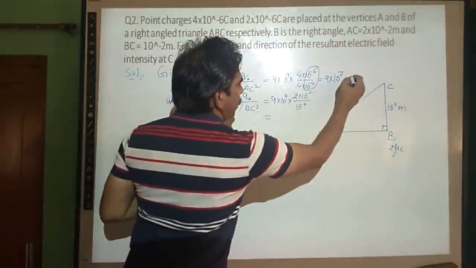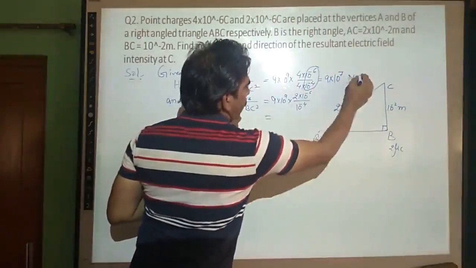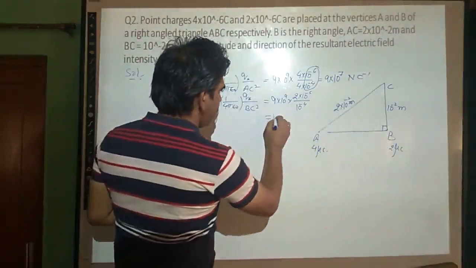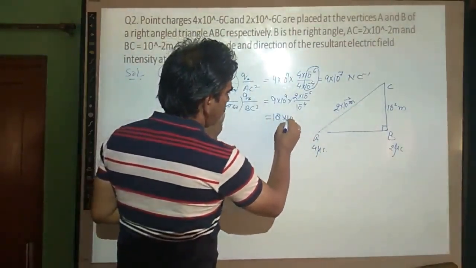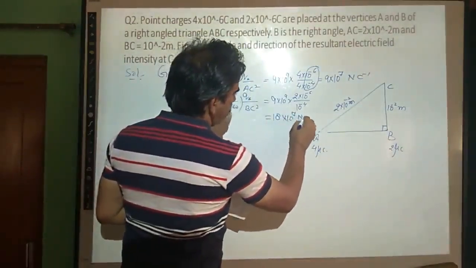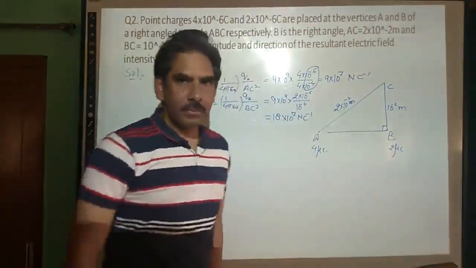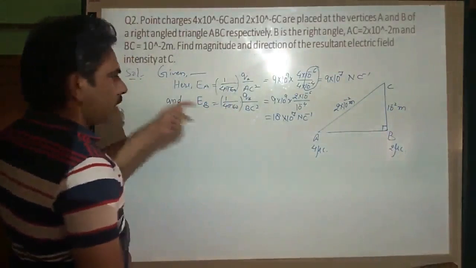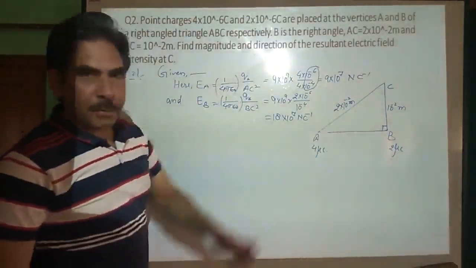So this is Newton per coulomb. And similarly, in this case, it is 18 into 10 to the power 7 Newton per coulomb. So these are the electric fields due to the charges placed at point A and at point B.